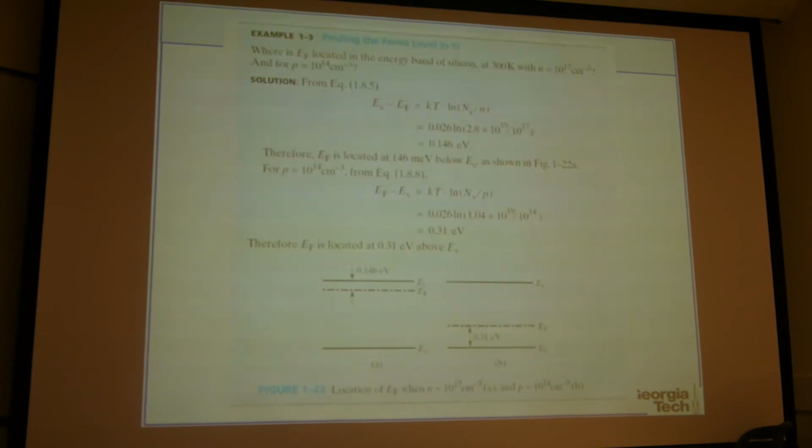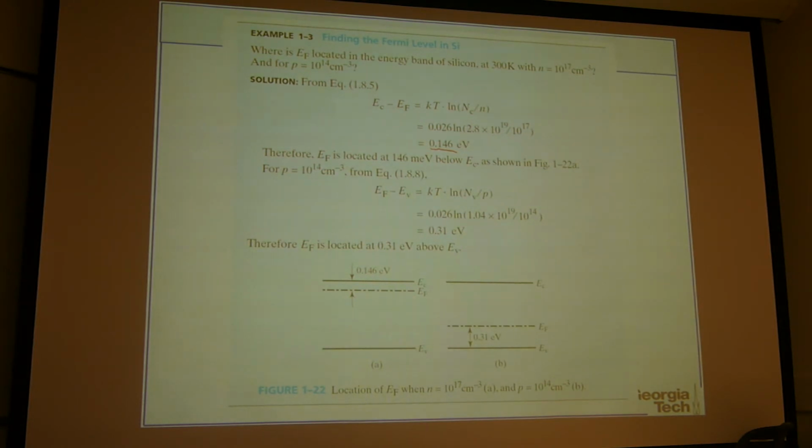Okay, so let's look at the solution. No? Is this the number? The same approach as the previous example. And then you plug in the numbers. Be careful. This is natural log. It's not log 10. I don't know in your calculator it's log 10 or not.